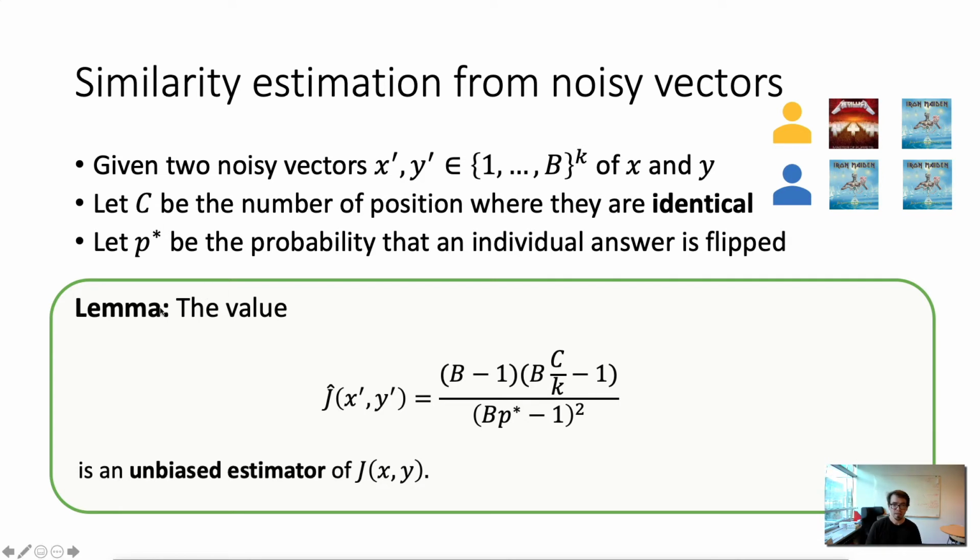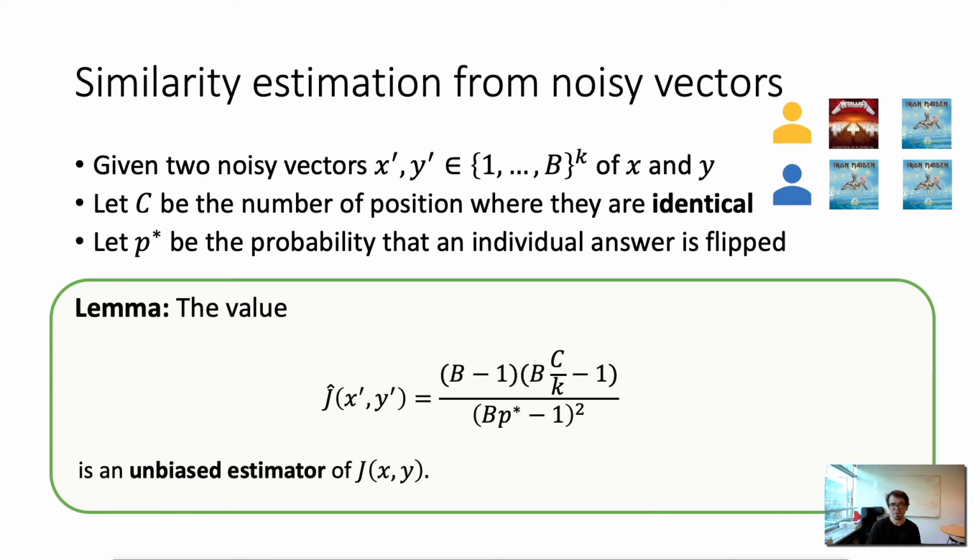And then we prove in the paper that this estimate, which takes into account B, the number of different items after collapsing the universe, the number C of collisions, the number K of sketches, and P star, the probability that we choose an answer, is an unbiased estimator of the actual Jaccard similarity of the original vectors.